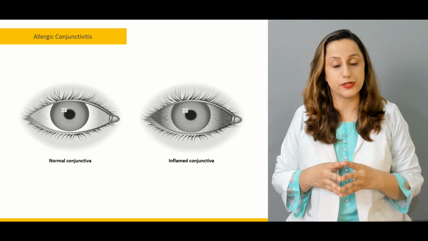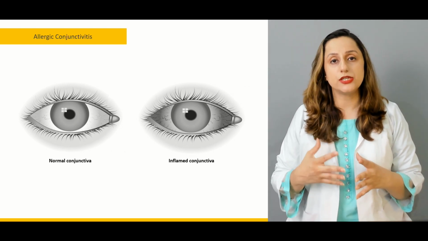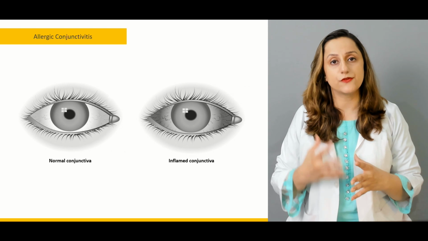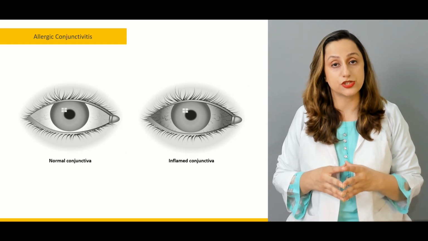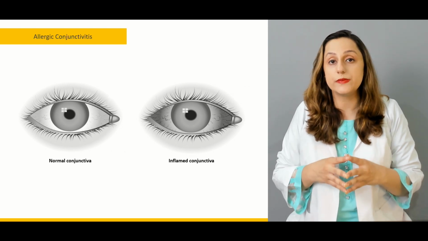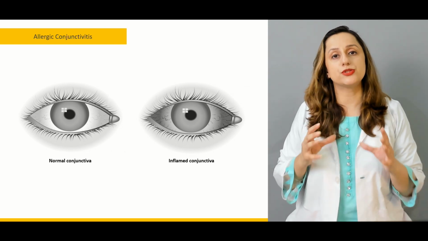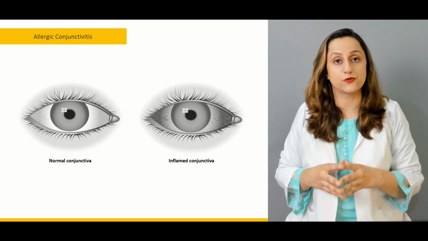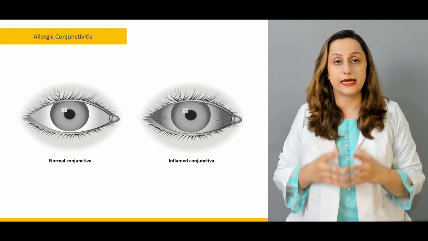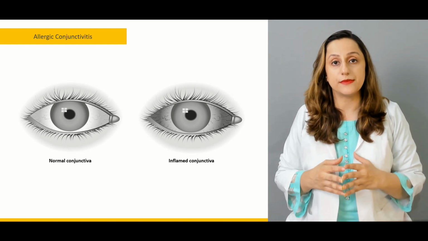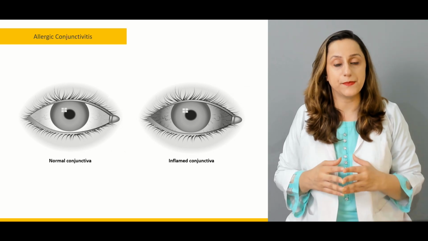These signs would range from redness and inflammation of the conjunctiva, as well as a stringy, ropey discharge peculiar to allergic conjunctivitis, which can be seen when you examine the patient on the slit lamp.